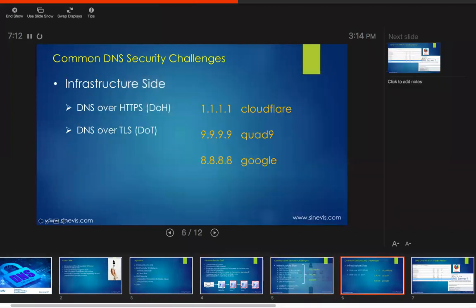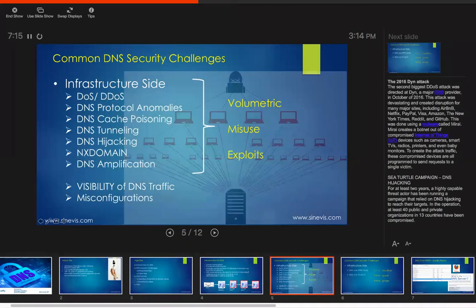So now we'll talk about, at a high level, different security challenges or issues with DNS. The first thing we'll look at is from an infrastructure point of view. When we say infrastructure point of view, it is our DNS server itself, where we are hosting our DNS services. Categorically, we see mostly volumetric attacks, which is DDoS, DoS, DNS amplification attacks.